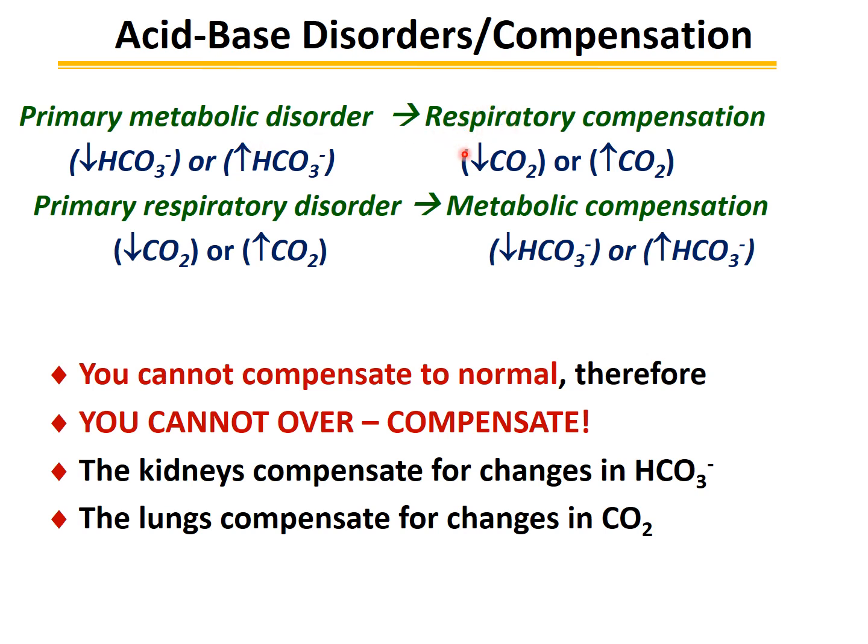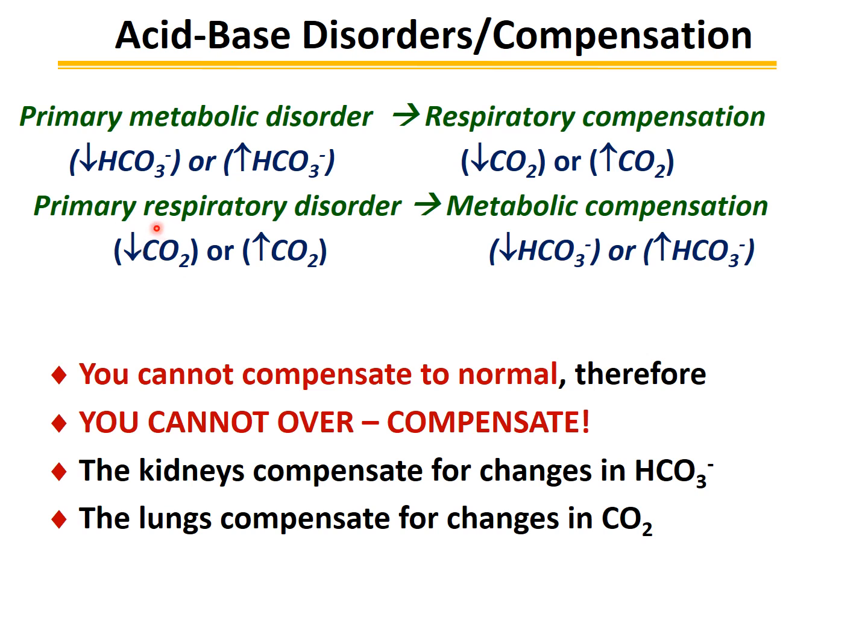Similarly, when you have acidemia and the PCO2 increases, you know that that's a primary respiratory acidosis. If you have alkalemia and you see the carbon dioxide level is down, that is a primary respiratory alkalosis.